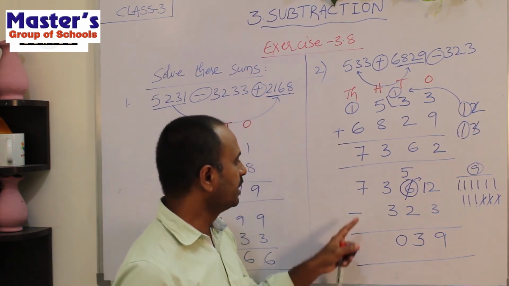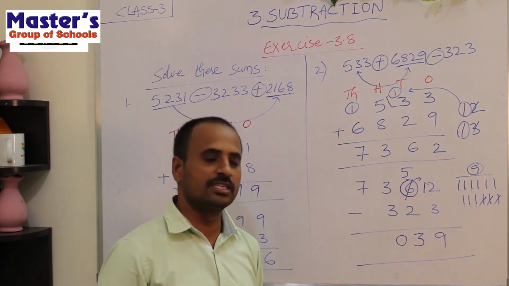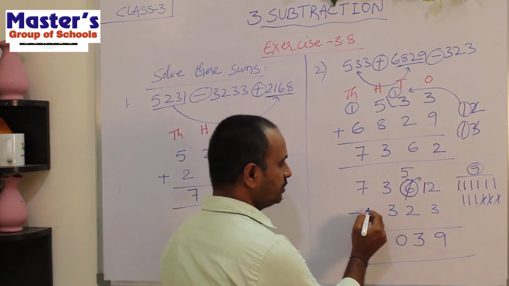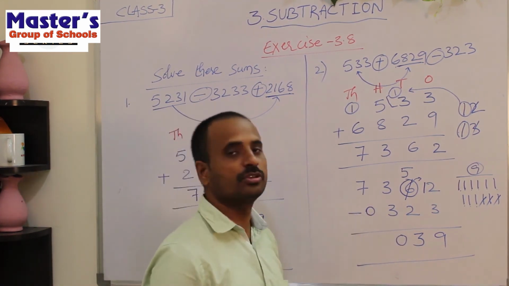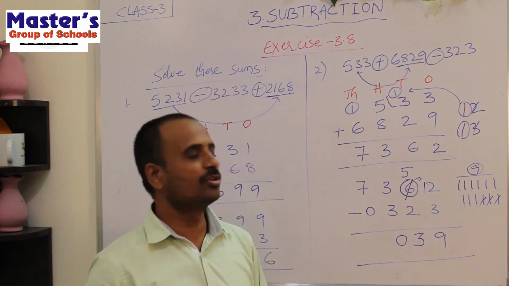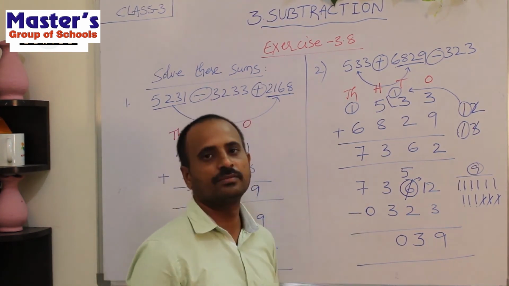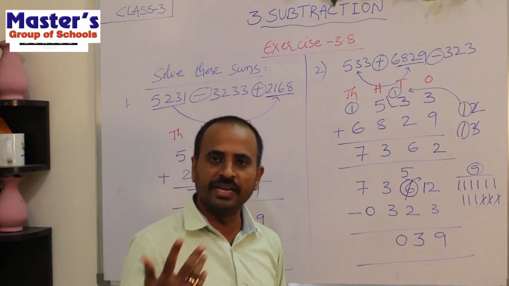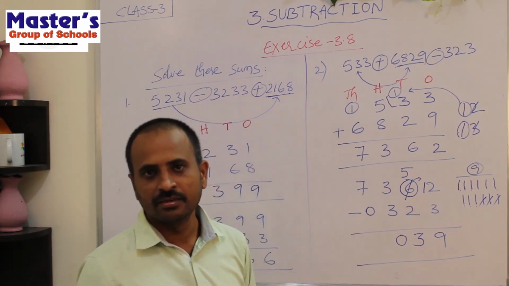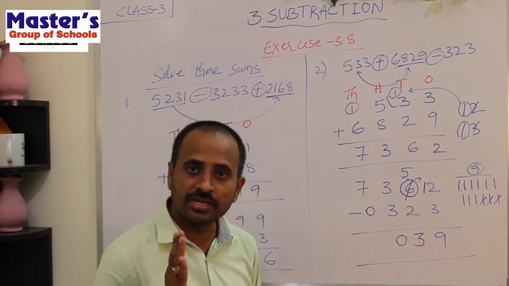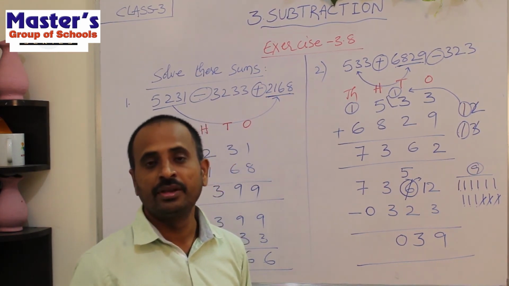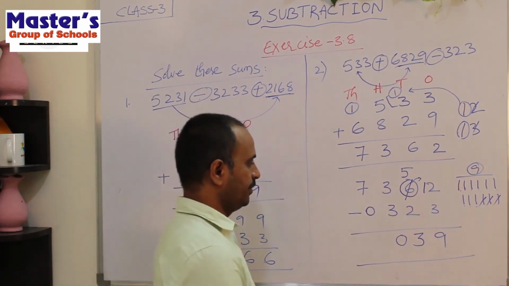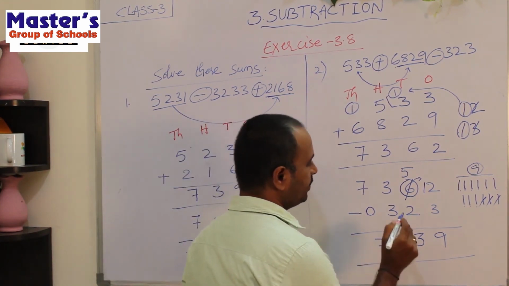There is only 7 present in thousands place, but there are no thousands in the second number. That means there are 0 thousands in the second number. So now subtract 0 from 7. If you subtract 0 from any number, we will get the same number again, that is 7. So write 7 here.